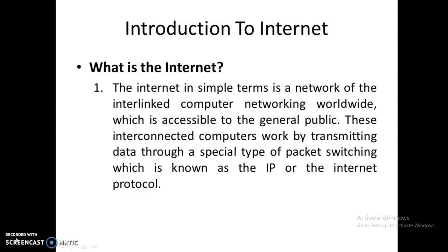Networking means various types of computers or laptops or anything that is connected by means of a wired or wireless medium. So the internet is the interlinked computer networks worldwide, which is accessible to the general public.